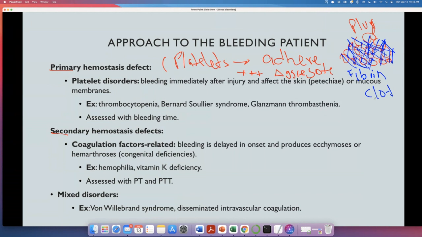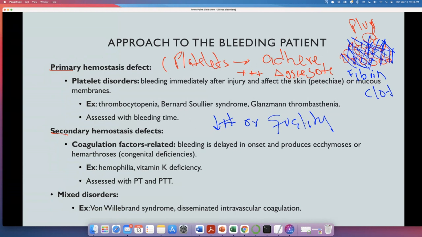So we are gonna approach the patient in this way. Is there a disorder of the primary or secondary hemostasis? Normally, platelet disorders have to do with decreased number or quality of the platelets, or with some inherited disorders. We are going to be seeing examples.